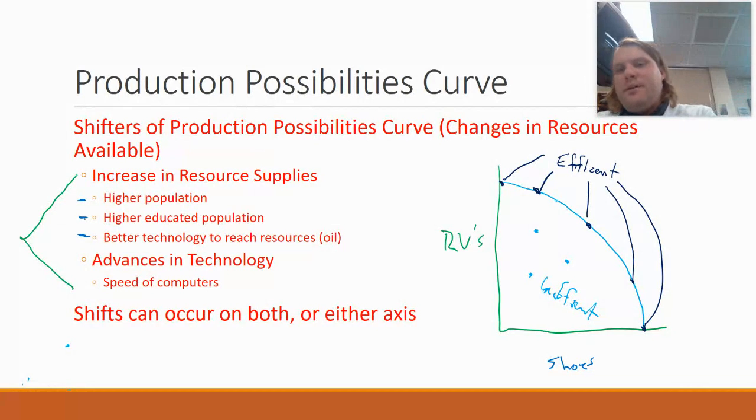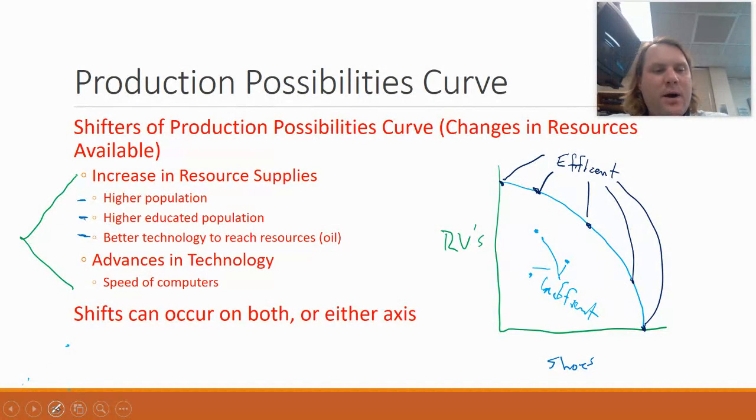So in theory, the United States is not on this line. In fact, no economy really is, because every economy has some unemployment. Every economy is using something inefficiently. So all these points are inefficient. Anywhere inside the line is going to be inefficient. Okay. And again, that might mean that we are having unemployment. We want to be as close out here as we possibly can.